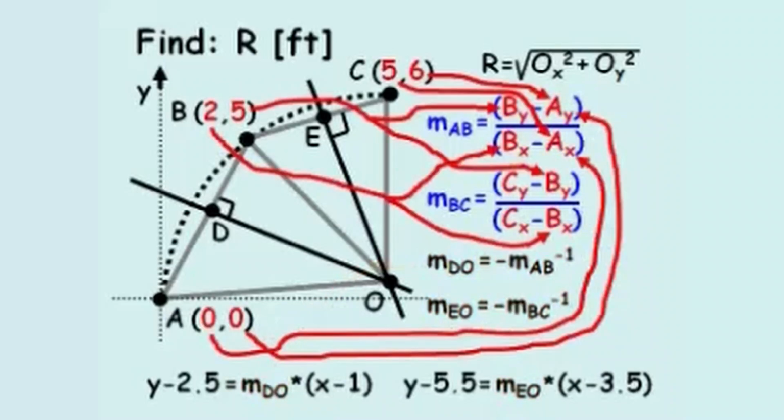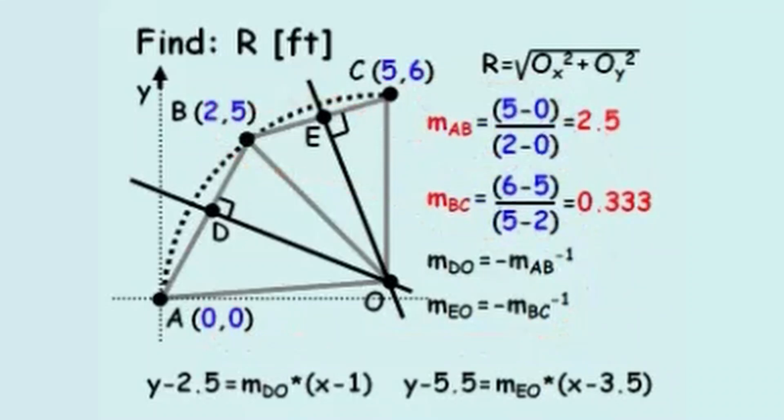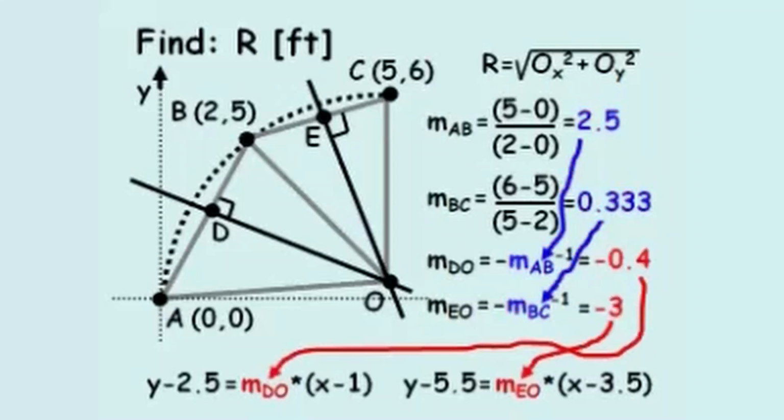After substituting in the coordinates of points A, B, and C, we find the slope of line AB equals 2.5 and the slope of line BC equals 0.333. After taking the negative reciprocal of these values, we find the slopes of lines DO and EO equal negative 0.4 and negative 3.